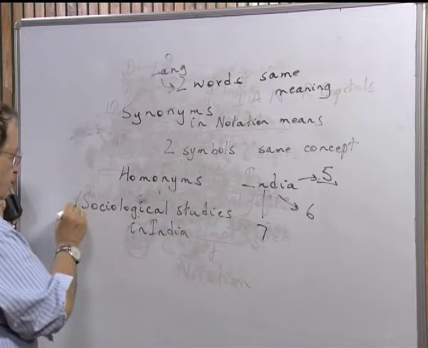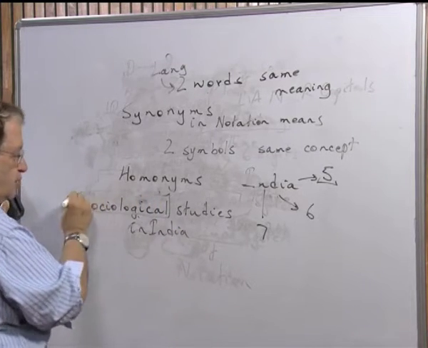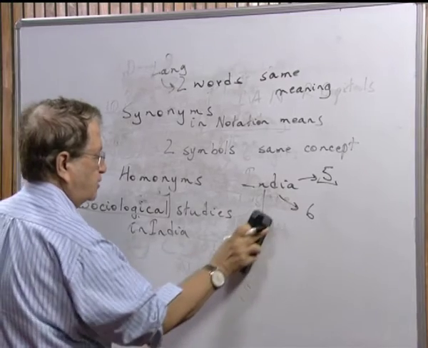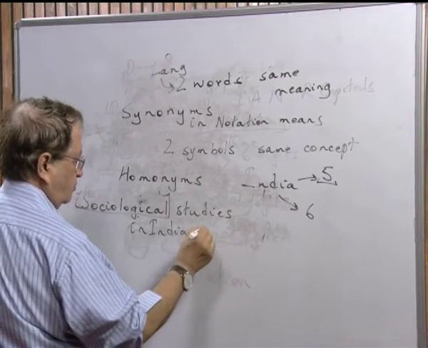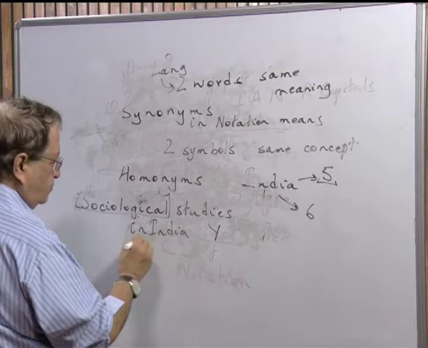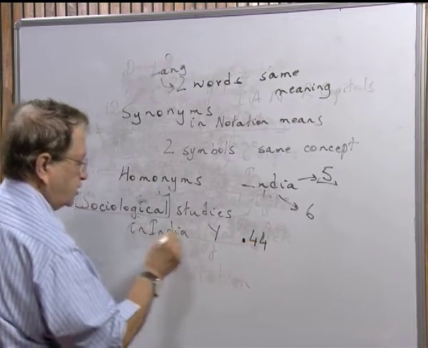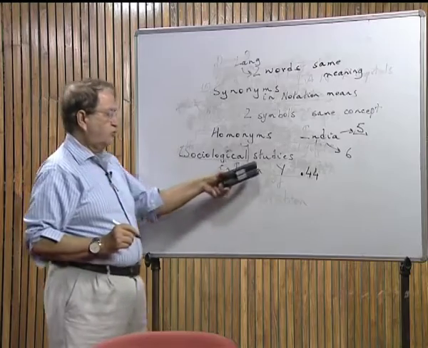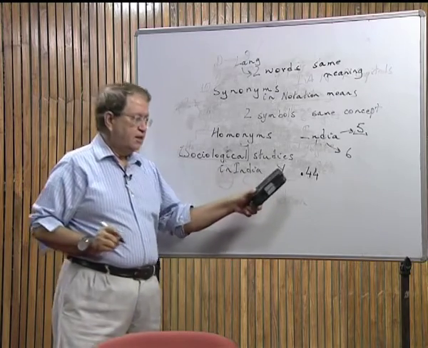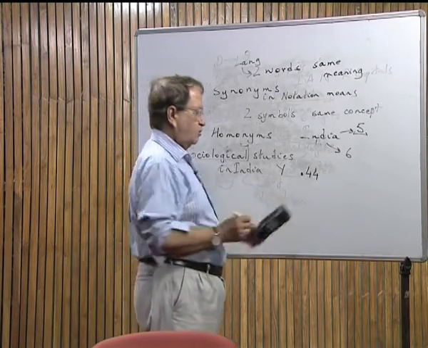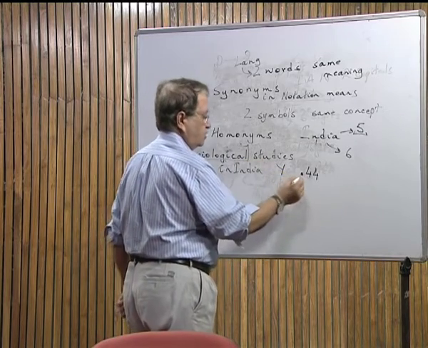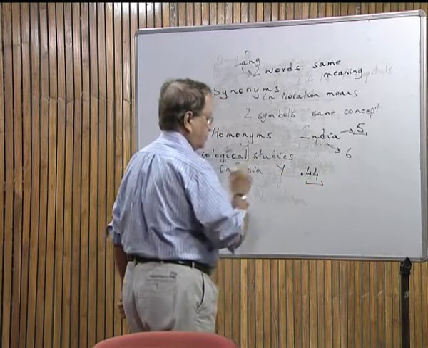So, we should have one or two symbols representing sociology. Let us say that is Y. Then India would, this is not sociological studies of Indians, this is sociological studies in India. Now, this according to the colon classification means sociological studies which have been carried out in India.